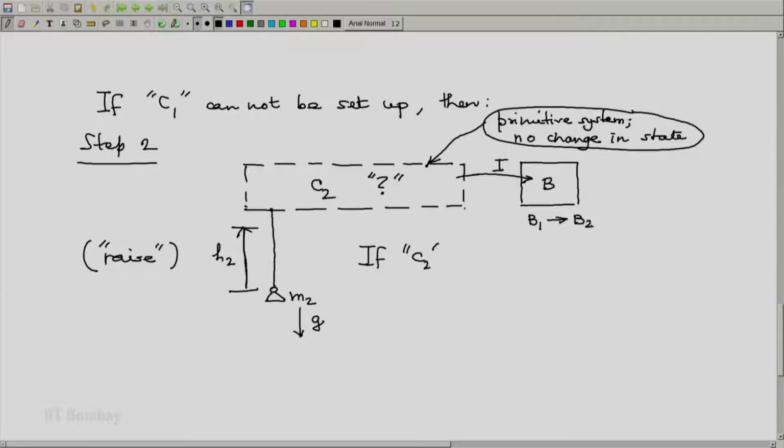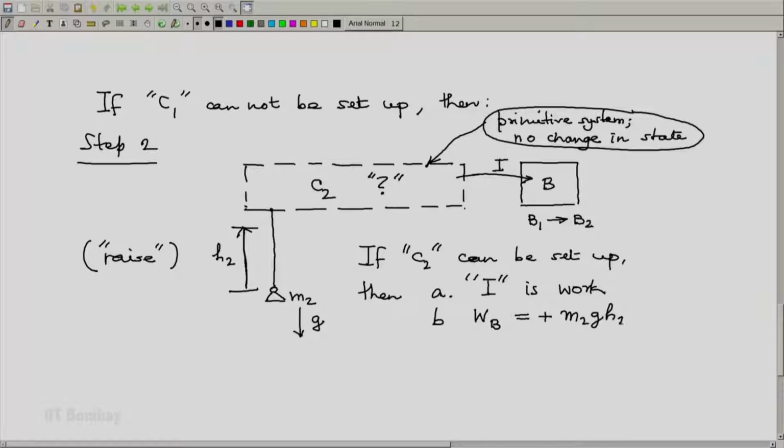And now we conclude that if C2 can be set up, then first, the interaction I is work. Second, work done by system B is plus m2 g h2, which will be a positive number, and work done by system A is minus m2 g h2, which is a negative number.